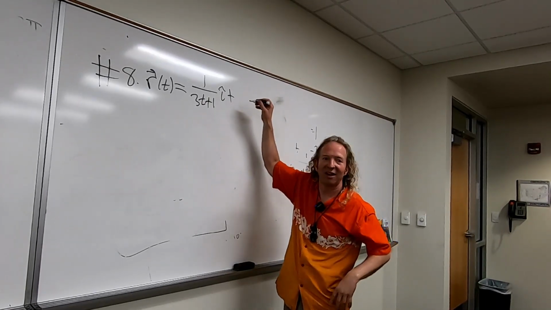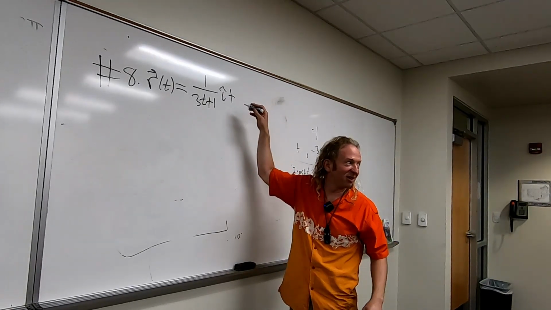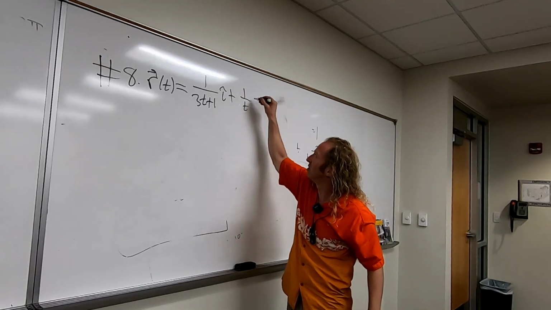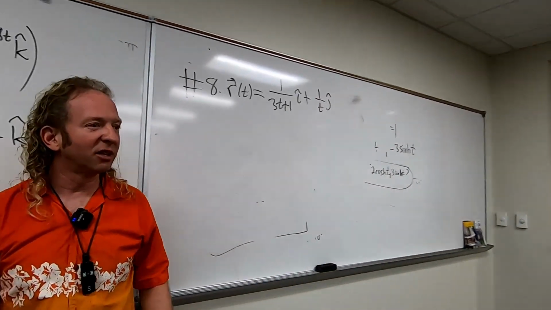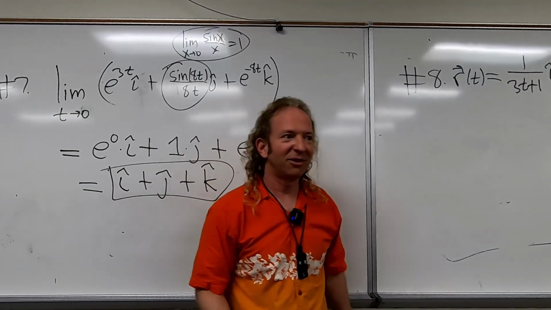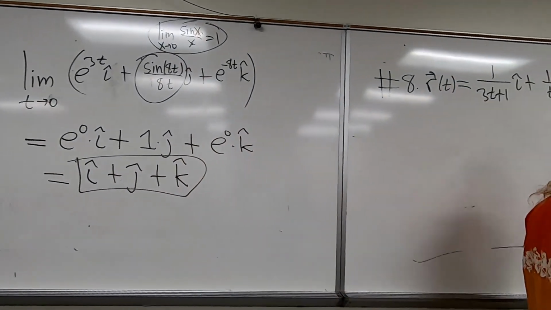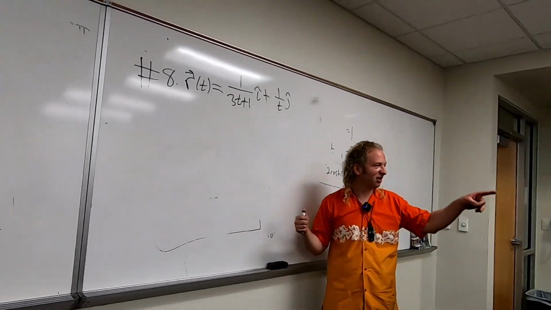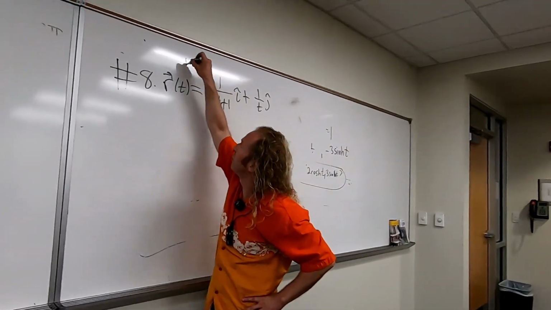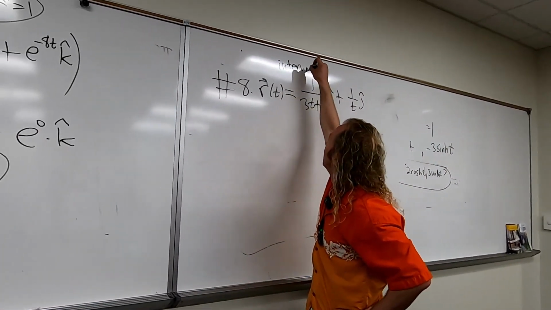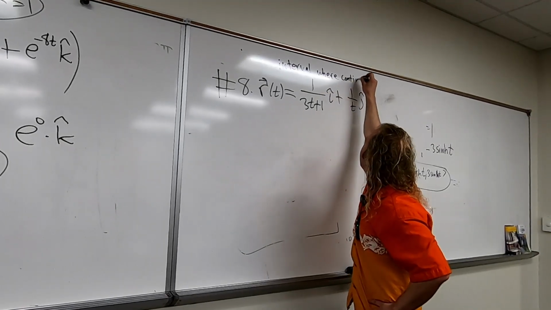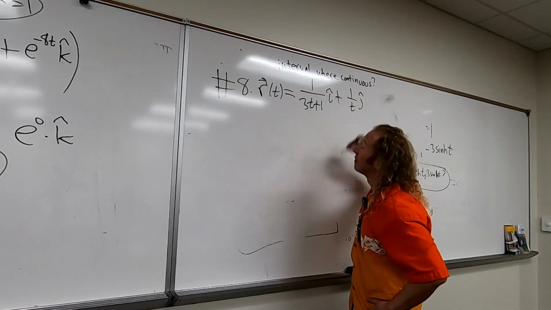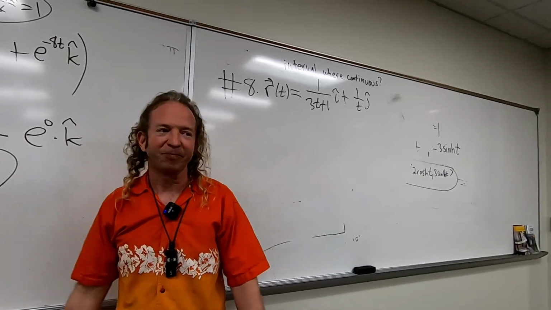It is? 1 over t j hat? Okay. And what does the question say? Determine the interval on which the vector valued function is continuous. Okay, so we want to know the interval where it's continuous. Thank you, Luigi.